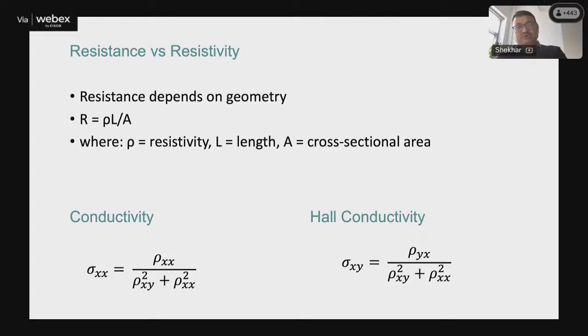As we know, resistivity we can convert into conductivity. Resistance we can convert into resistivity by measuring a perfect shape and size of the sample, and we apply current and measure voltage by applying Ohm's law.